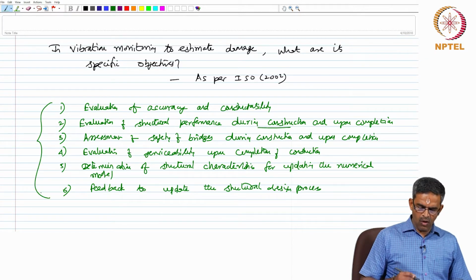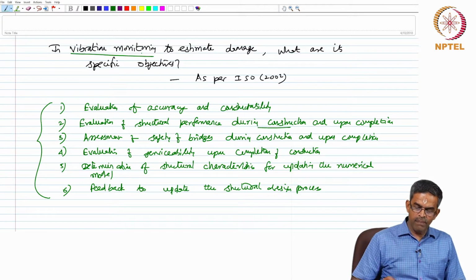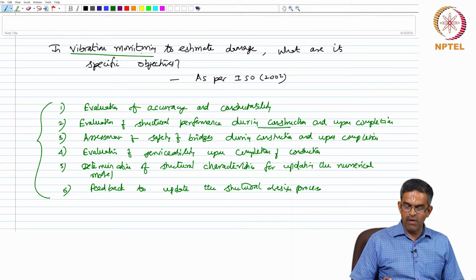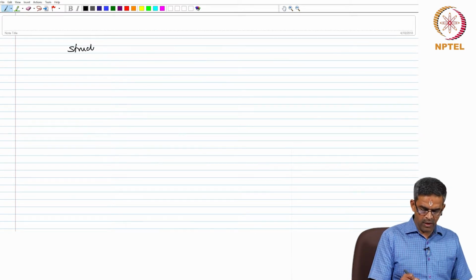These are the key objectives of any vibration monitoring scheme, which essentially is devised to detect damage in a given system.